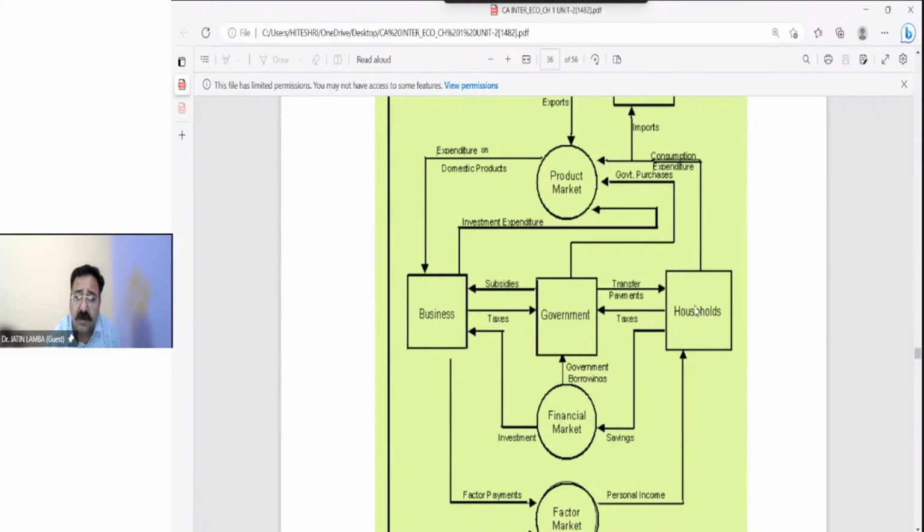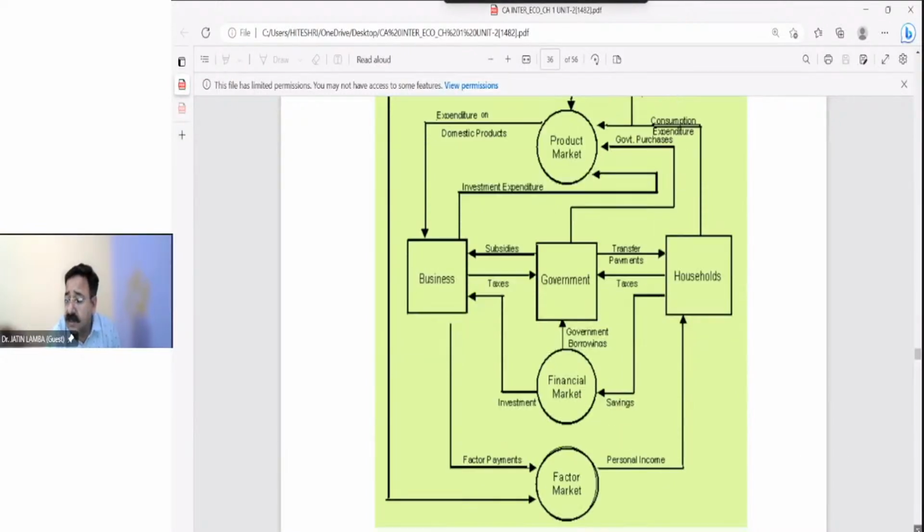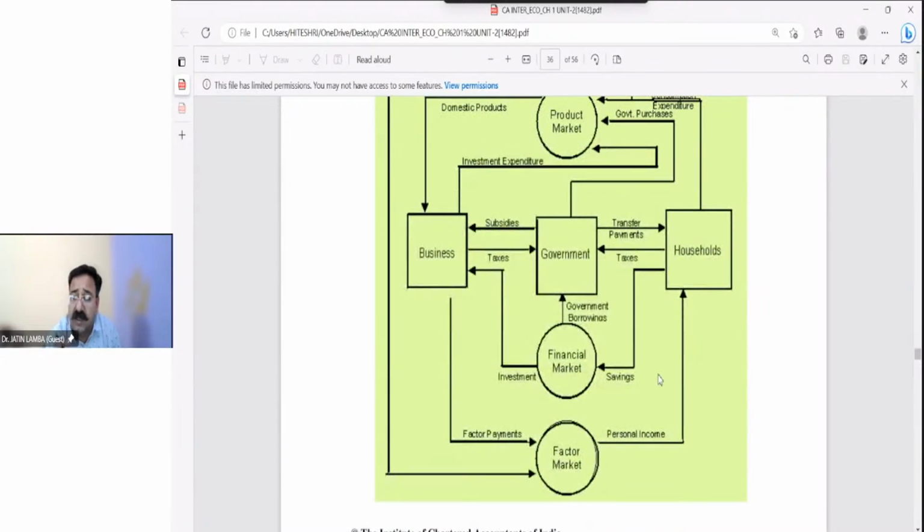Look, how are the factor services given? The factor services are given through the factor market. So in this diagram, they do not represent it directly. It is from the factor market, right? Business firms are paying the factor payment to the households, na?